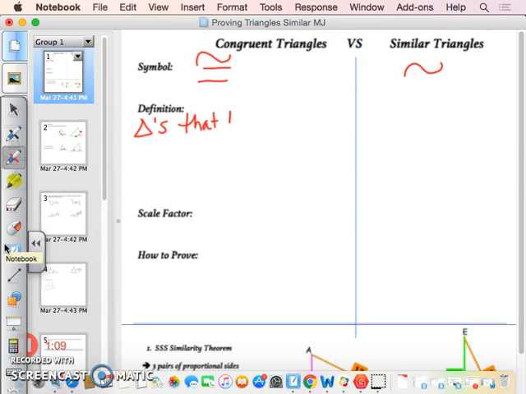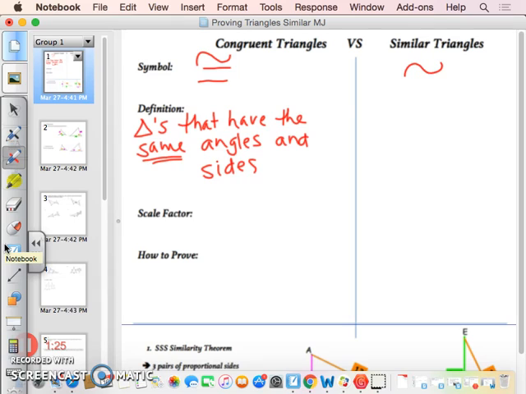Congruent triangles are triangles that have the same angles and sides. So the sides and the angles are the same.